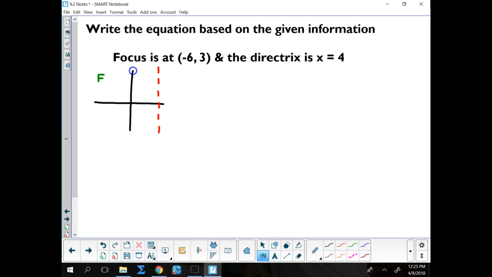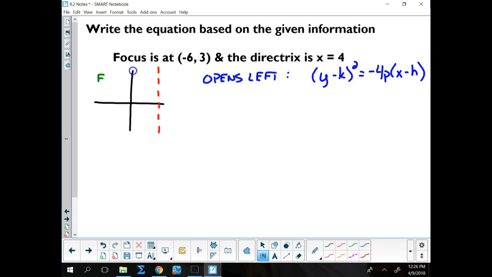Opens left. Left opening one was y minus k, quantity squared, equals negative 4p times x minus h. Yes? Okay. Freddie, what do we need? We need the vertex.